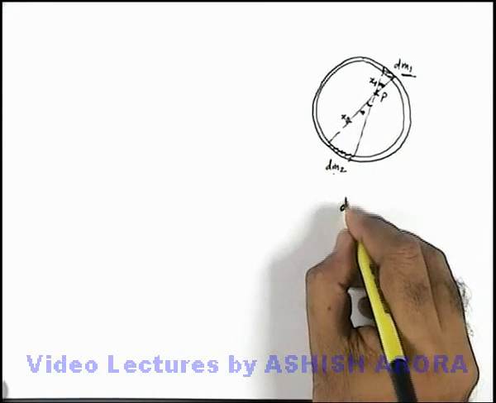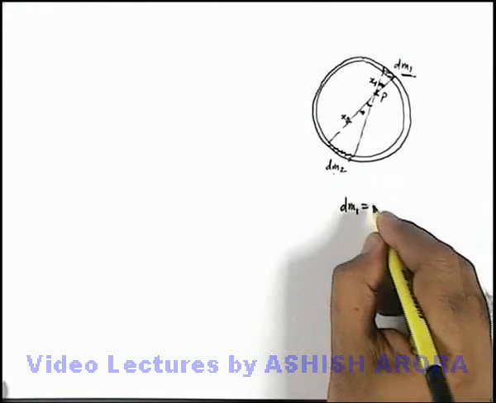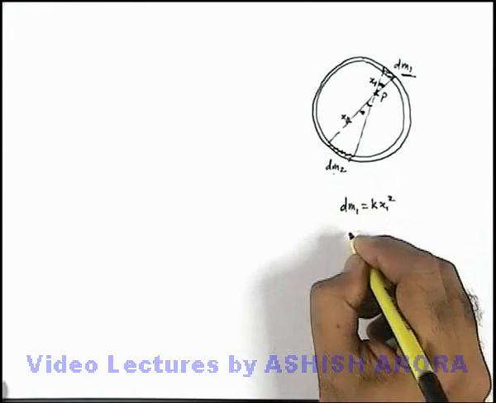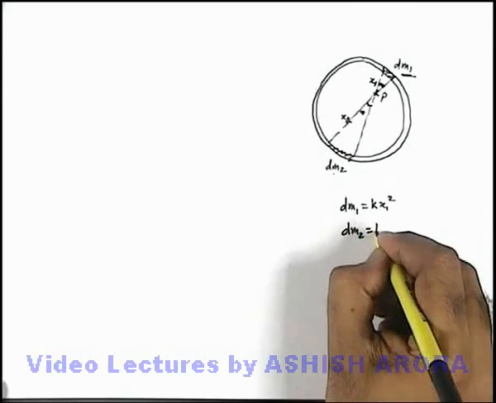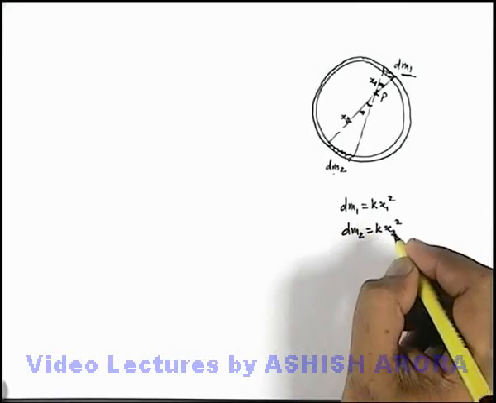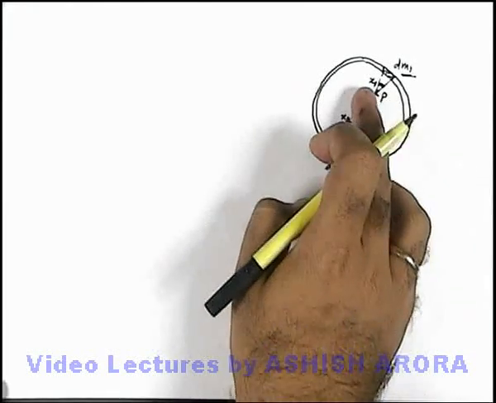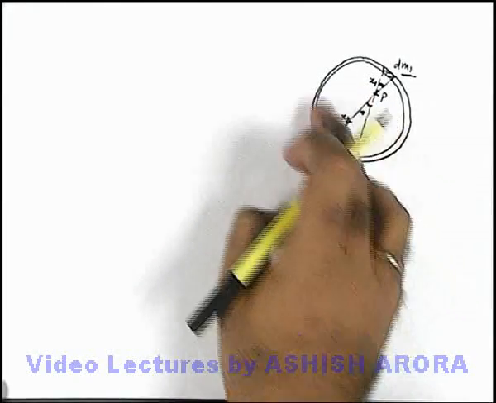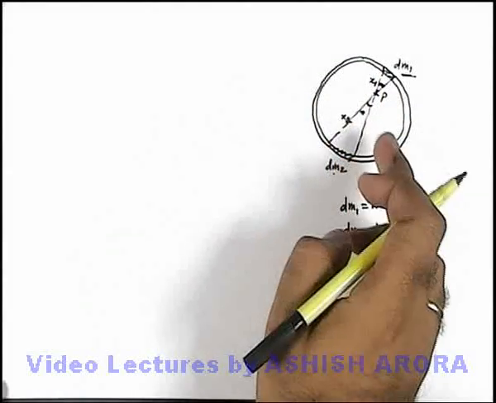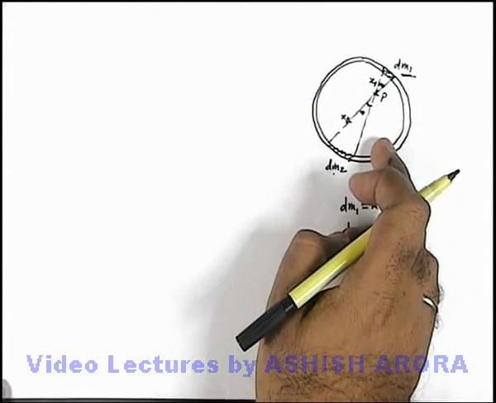So here we can write dm1 equals some constant into x1 square and dm2 is a constant into x2 square. And similarly we can choose an infinite number of segments on diametrically opposite points corresponding to any point chosen in the interior zone of the sphere.